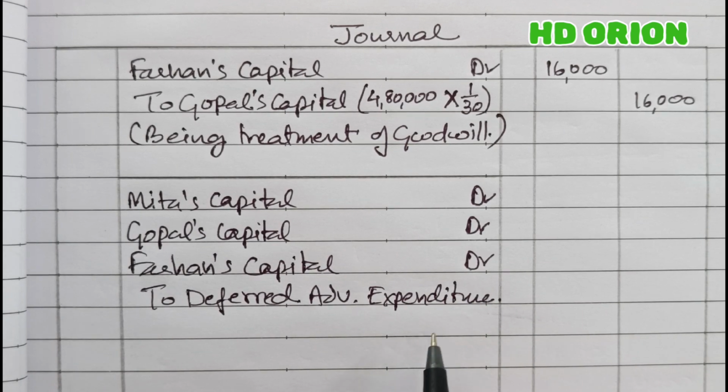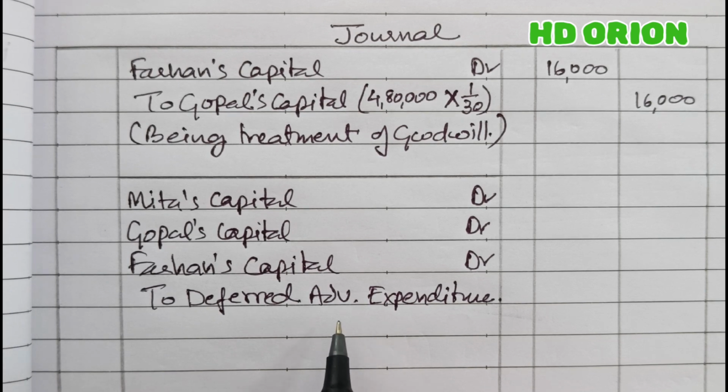It is an expenditure which is long term, means we have made heavy expenditures on advertisement, and the benefit of it the firm will receive in coming years, and therefore it is a deferred revenue expenditure which is an asset. Fine.